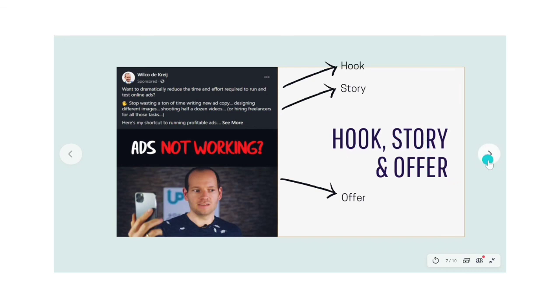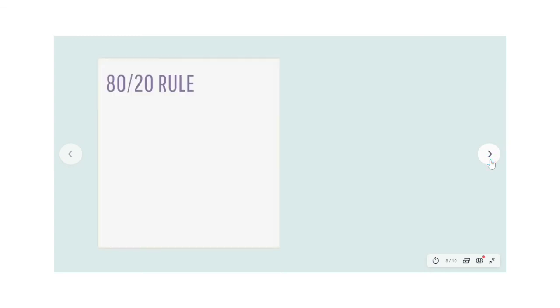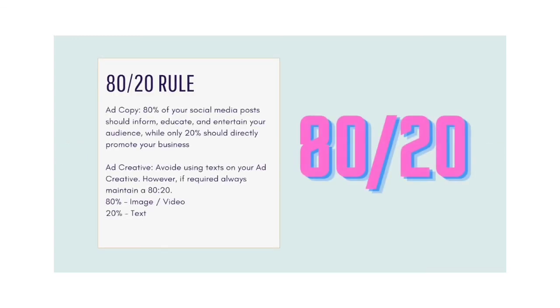Okay. Last is none other than the 80/20 rule. Now, the 80/20 rule, people, is very, very crucial. What is the 80/20 rule in Facebook ads, you might ask? It comes in two folds. It is either in your ad copy or in your creative.